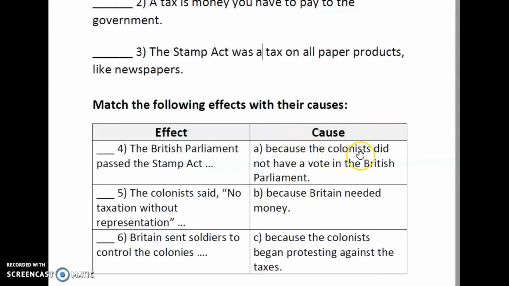A, because the colonists did not have a vote in the British Parliament. B, because Britain needed money. C, because the colonists began protesting against the taxes. So remember, we're going to put A, B, or C here, A, B, or C here, A, B, or C here. You have to decide which one is A, which one is B, which one is C, right?